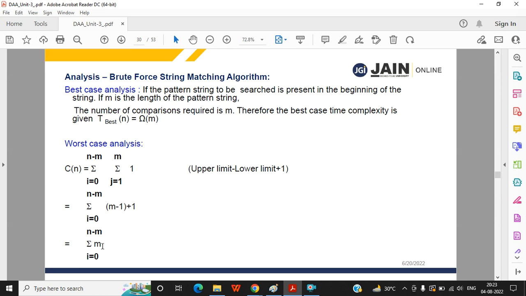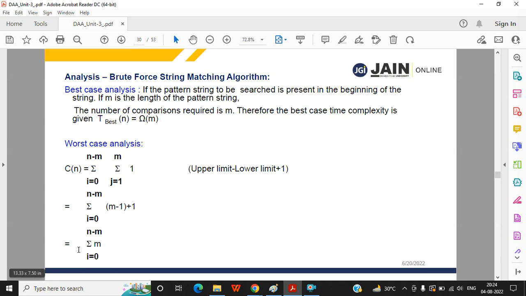See, sum of m means what? You have to add m for that much number of times. If I tell you sum of m for 2 times, then what will be the answer? m plus m, that means 2m. Sum of m for 5 times, then what will be the answer? m plus m plus m plus m plus m, 5m.